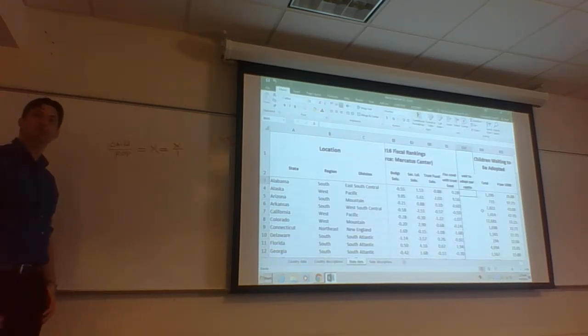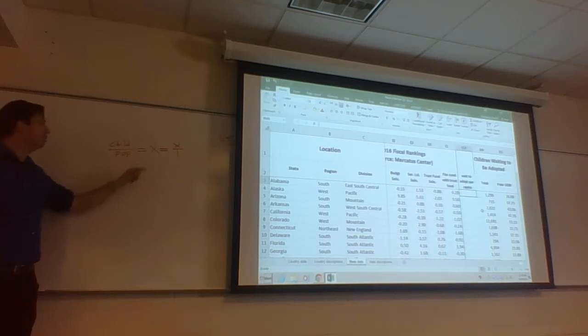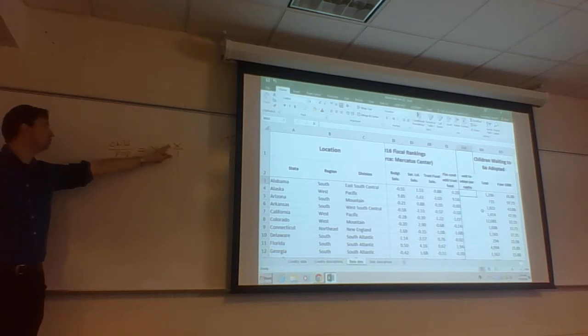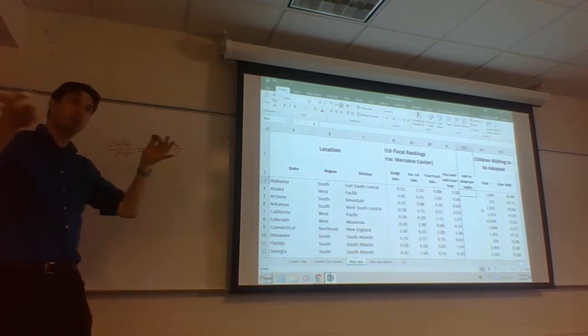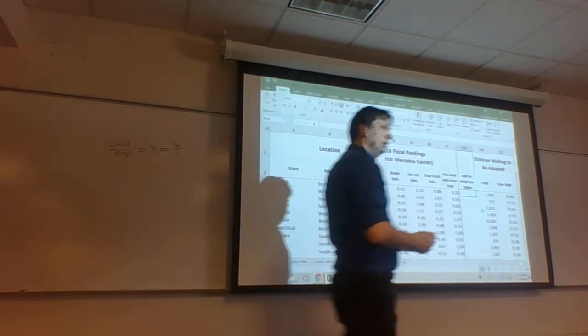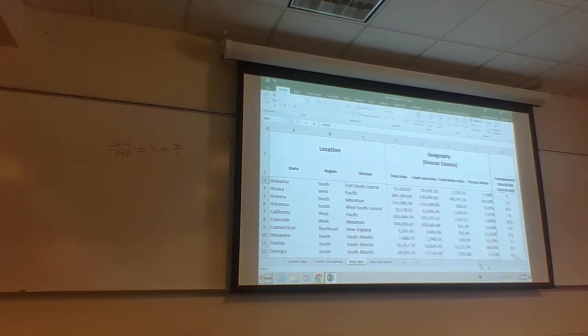And that 1 would be expressed in whatever you put in the denominator. So this is child per person. Whatever you want as the per part is what you put in the denominator, not the numerator. So we wouldn't have population divided by kids, we would have kids divided by population.